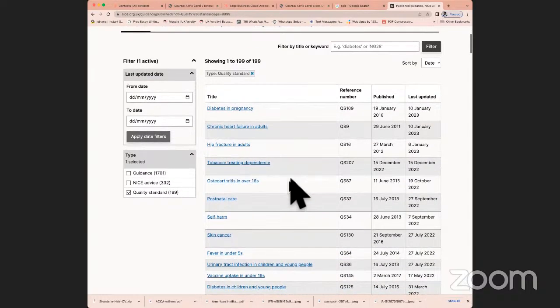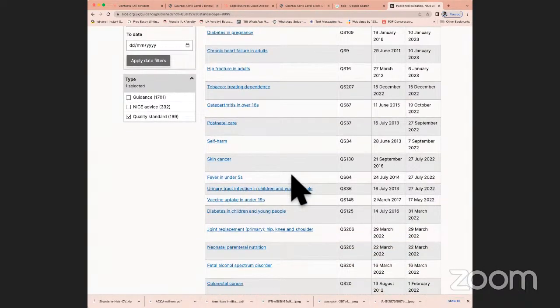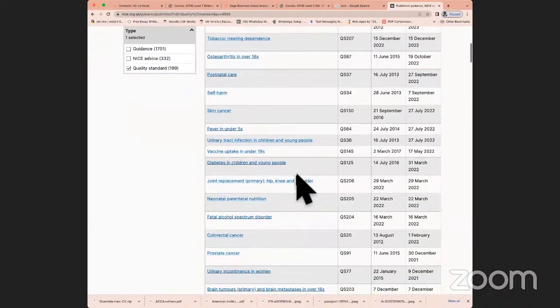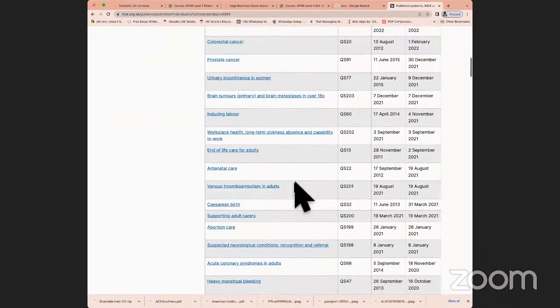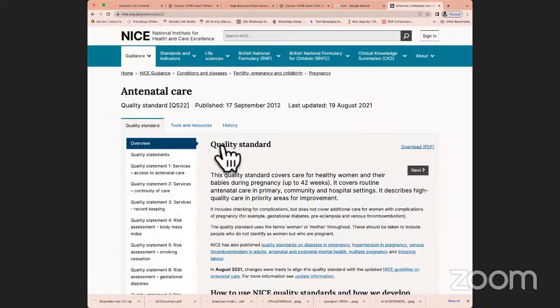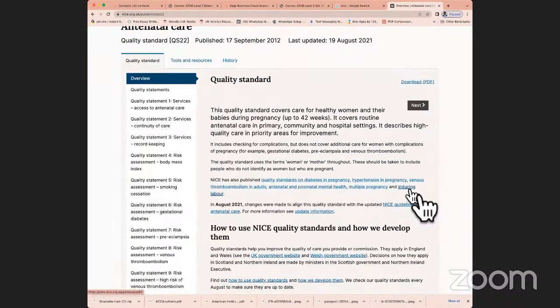Now, as you can see, there are standards which have been created over the years for every particular type of treatment the patient would undergo or would be receiving care from the National Health Service. Now, if I look at one particular type, say for example antenatal care, if I click on this, it is standard QS22. I can download this as a standard to study in a bit more detail, which will be a PDF document.